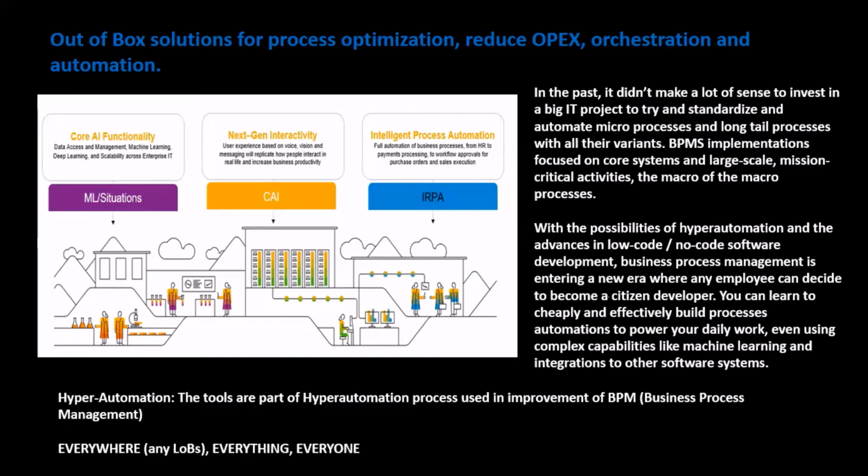For all the processes and for everyone using those systems, they want to achieve automation. That is called hyper automation. RPA and CAI are all part of hyper automation, considering business process management and improving those processes. These tools are used in the improvement of business process management.